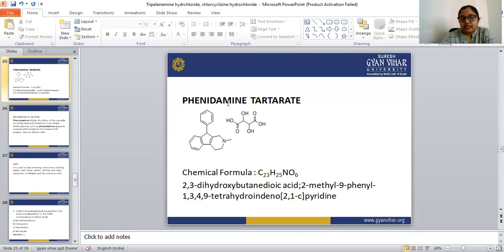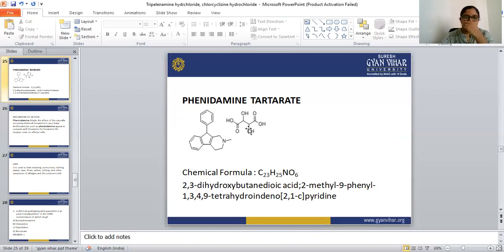The structure contains 23 carbon, 25 hydrogen, 1 nitrogen, and 6 oxygen. Let's count the oxygen: 1, 2, 3, 4, 5, and 6 oxygen.